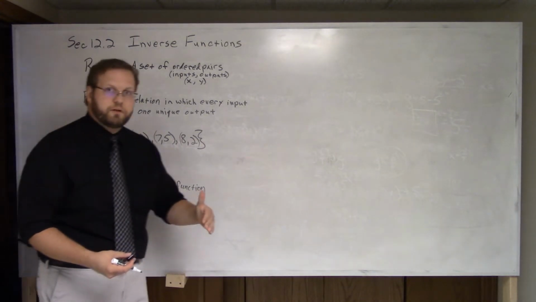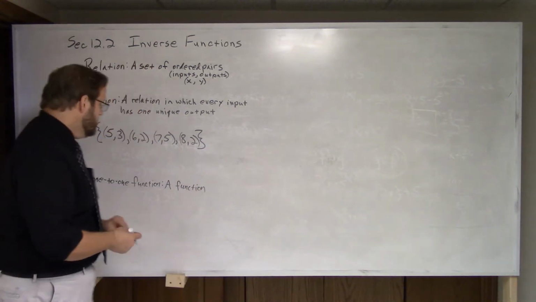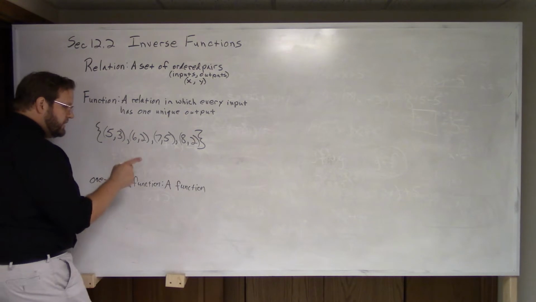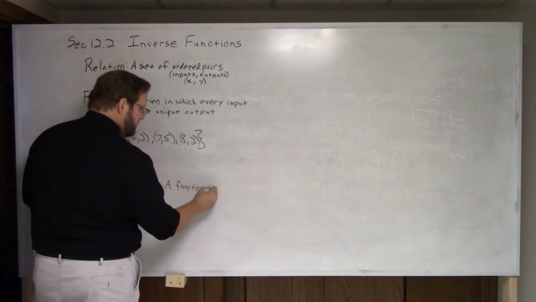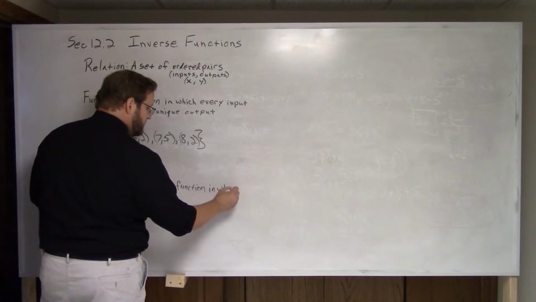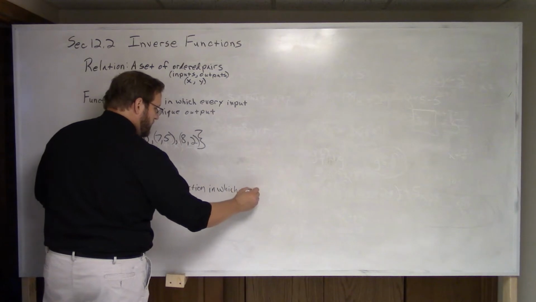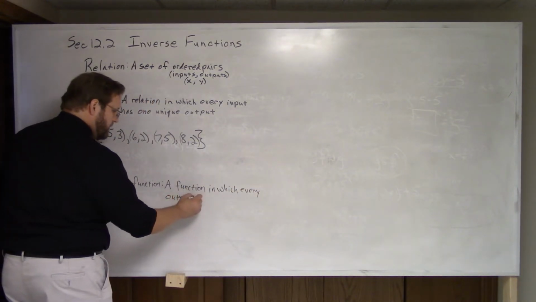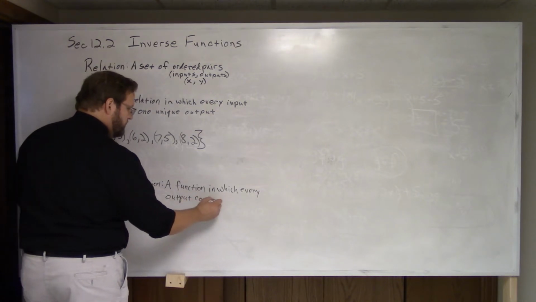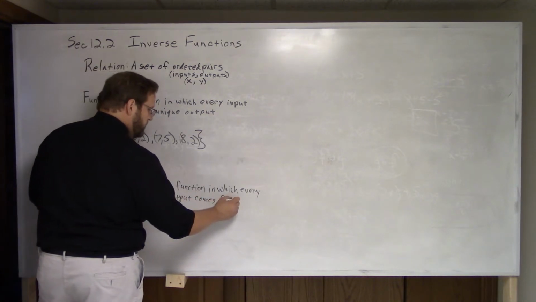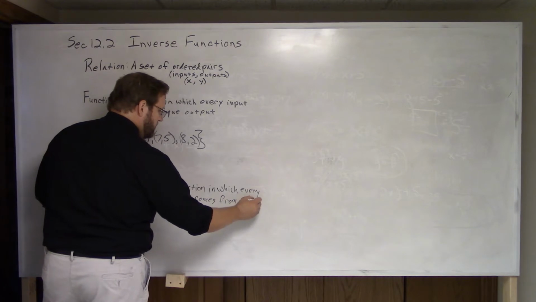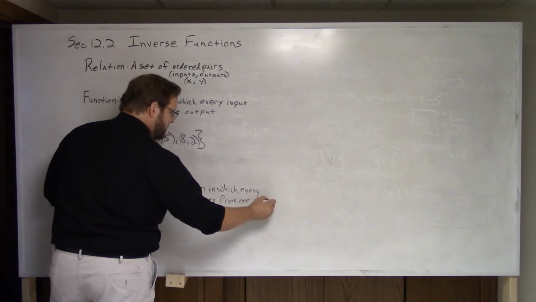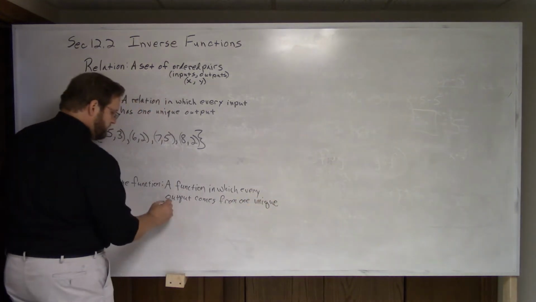It's categorized as a function and a specific type of function. So, a one-to-one function is a function in which every output comes from one unique input.